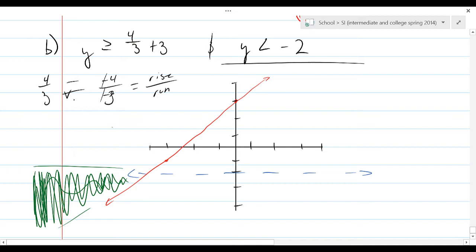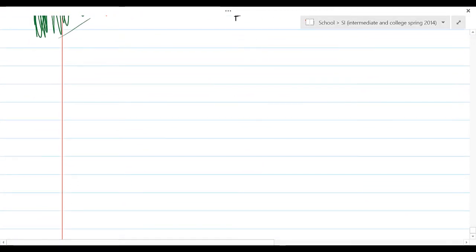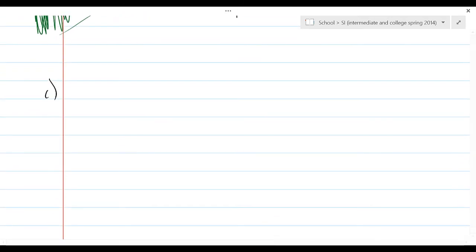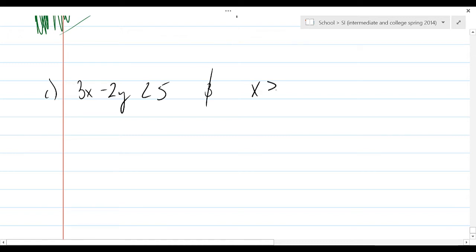All right. Let's go into part C. We've got 3x minus 2y is less than 5, and x is greater than 5.